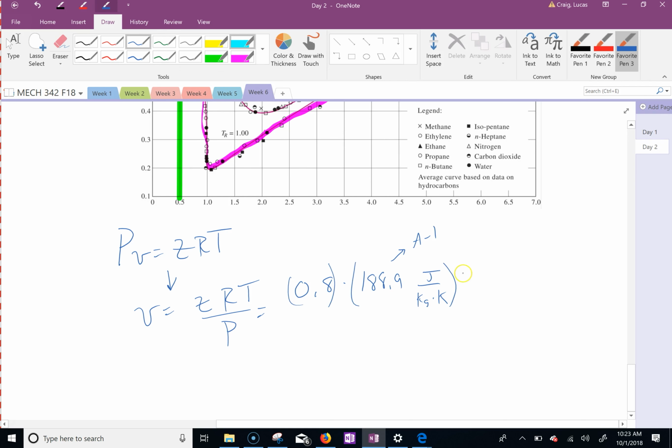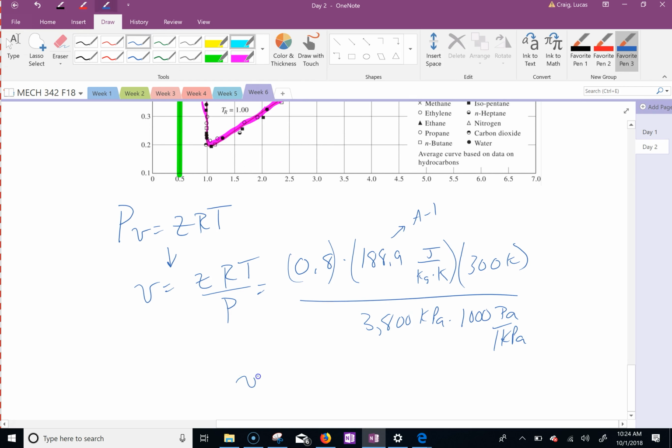We got that. Temperature, 300 K over the pressure, which is 3,800 kilopascals times 1,000 pascals over 1 kilopascal. 0.0115 meters cubed per kilogram.